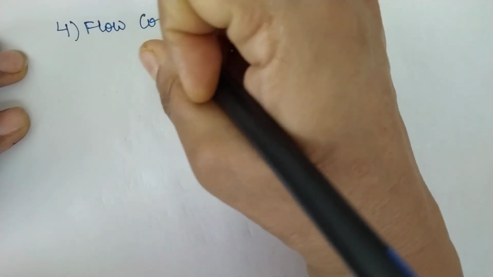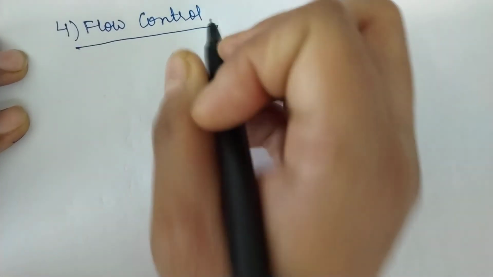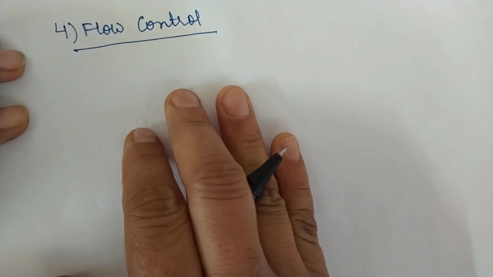Now next is your flow control. The next design issue that we will talk of is the flow control. It is concerned with controlling the flow of the data.